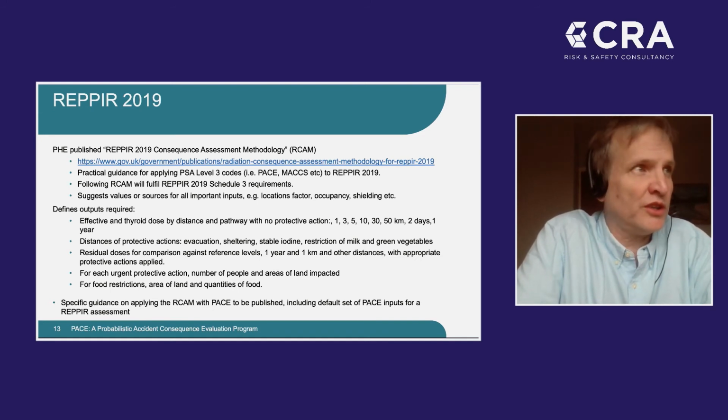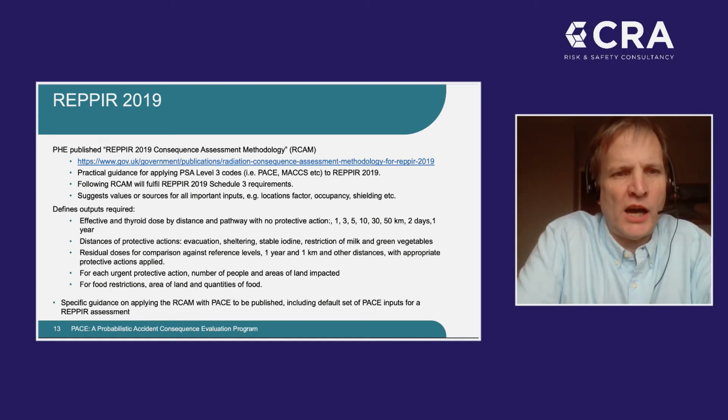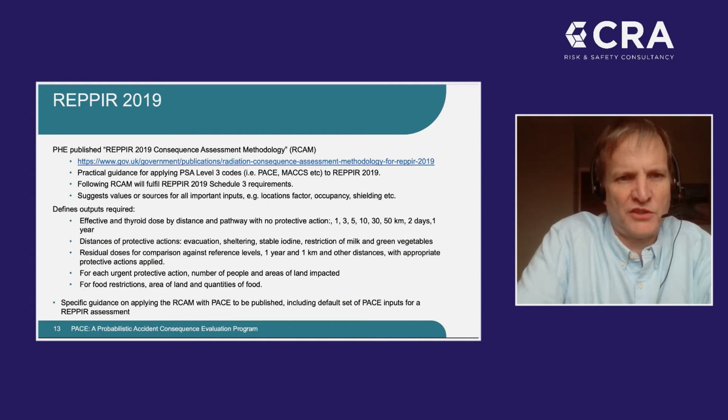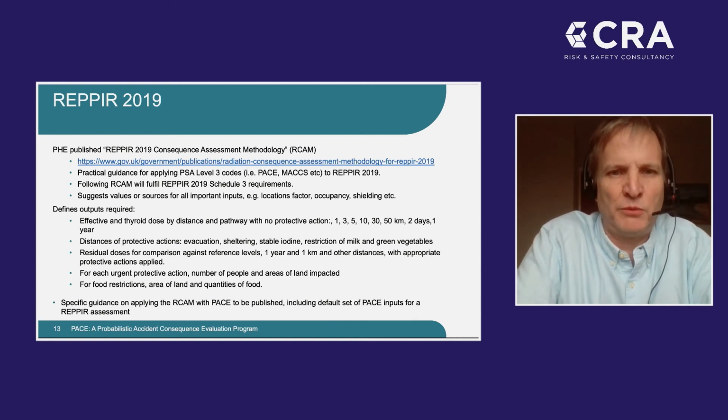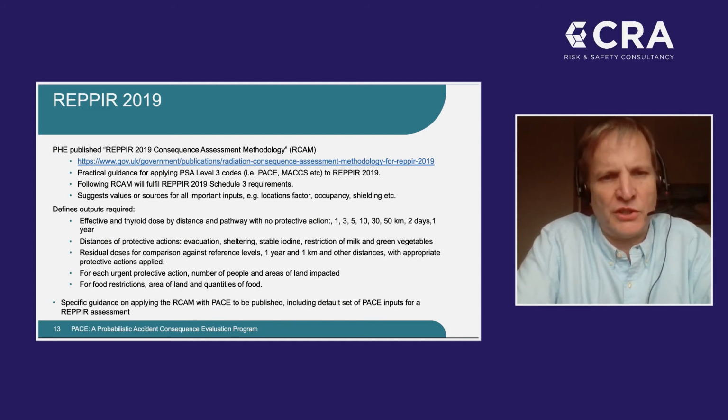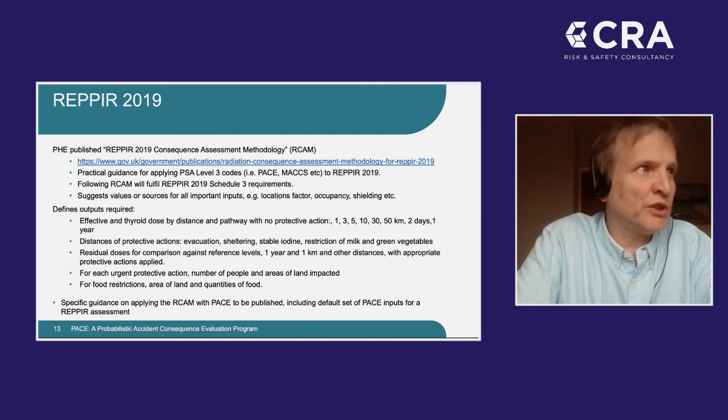It's quite a useful document. It provides suggested values that you input into your PSA code for things like location factors, that's the protection people get from buildings and the way they move about the environment, for occupancy and shielding and food ingestion and the rest. And it also defines the outputs required.